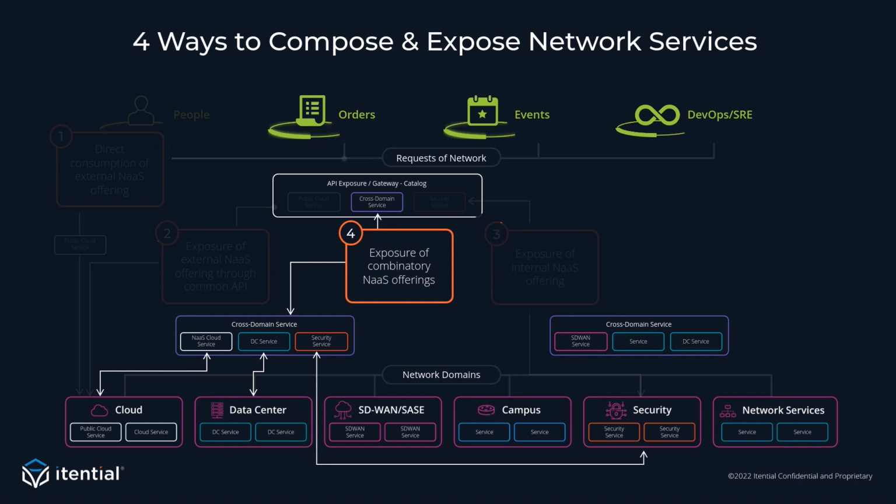So in one situation where we were talking to an enterprise customer, his goal was to make it as easy, if not easier, to purchase services internally and consume them as a service than it would be to go to the outside world. And this is one of the ways you can do that: by creating these combinatory services so that it becomes very simple to consume.